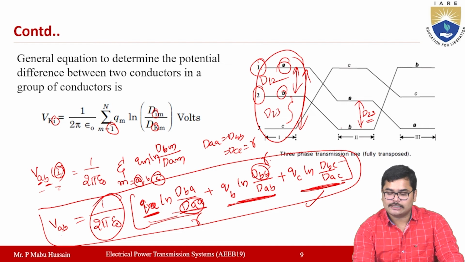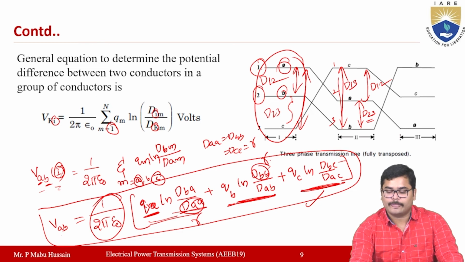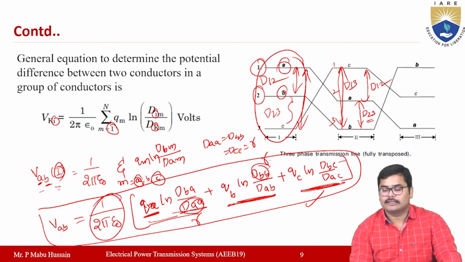Now the DBC distance is this distance, which is D13 or D31, and the DAC distance is this distance, which is D12. So here 1, 2, 3 are the positions: this is the first position, this is the second, this is the third. So DBC is D13 and DAC is D12.